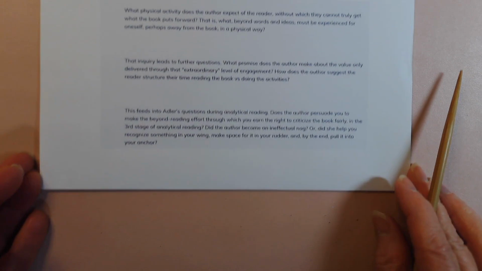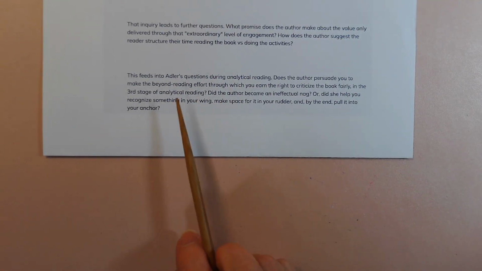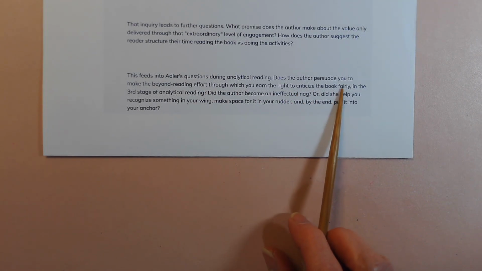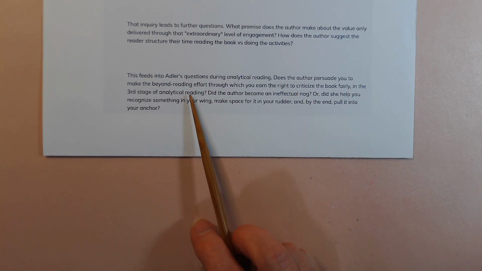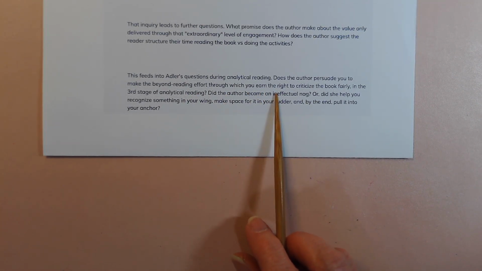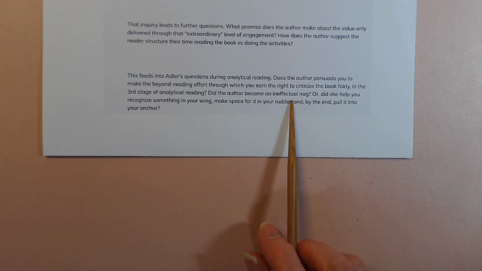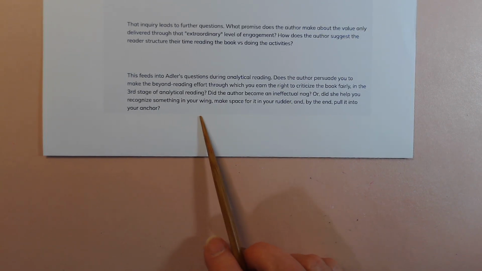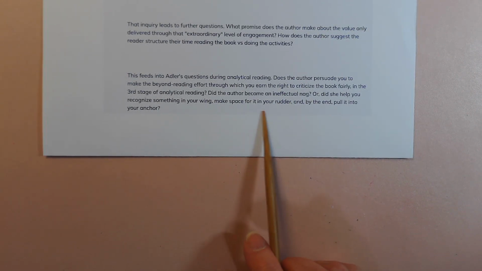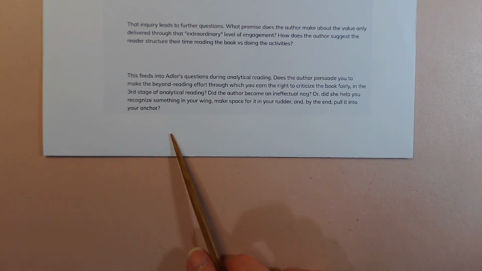But she offers another question as well that needs to go into the analysis this evening, and that is, does the author persuade you to make the beyond reading effort through which you earn the right to criticize the book fairly? Did the author become an ineffectual nag, or did she help you recognize something in your wing, making space for it in your rudder, and by the end, pull it into your anchor?